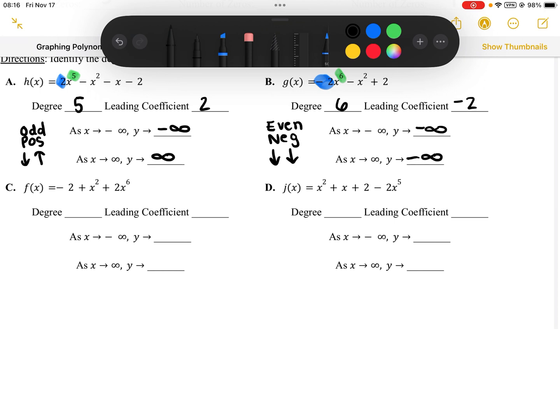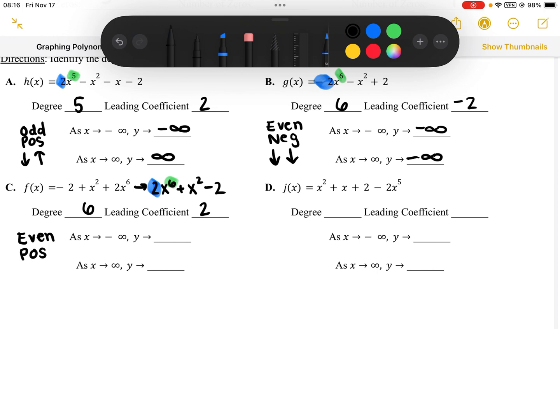For C, I have f of x equals negative 2 plus x squared plus 2x to the 6th. Now this is not in standard form, so I'm going to rewrite it in standard form. So 2x to the 6th plus x squared minus 2. My degree, 6. My leading coefficient, 2. So my degree, even.